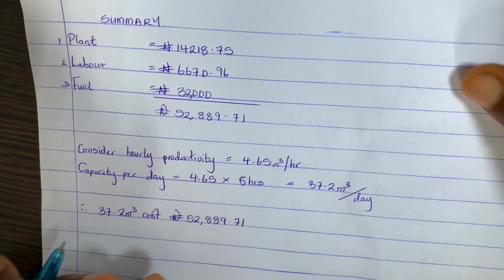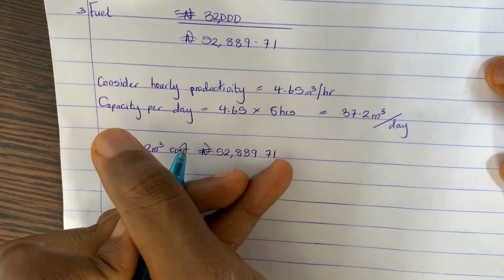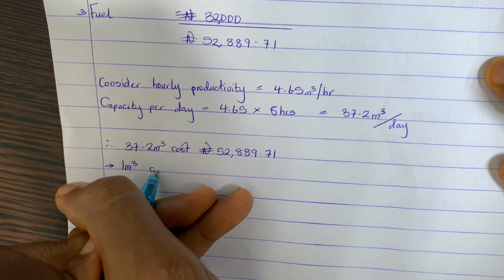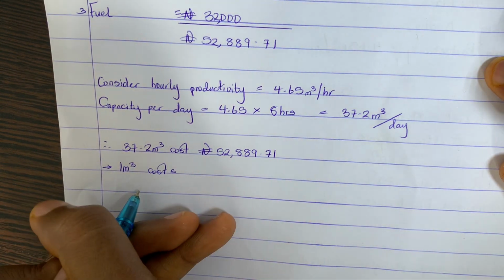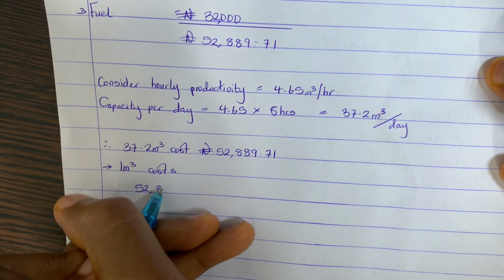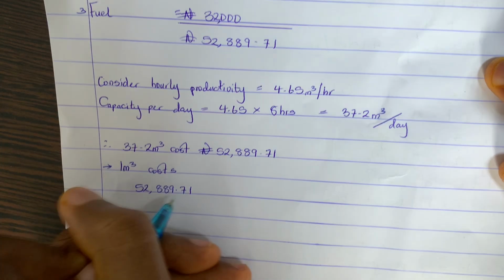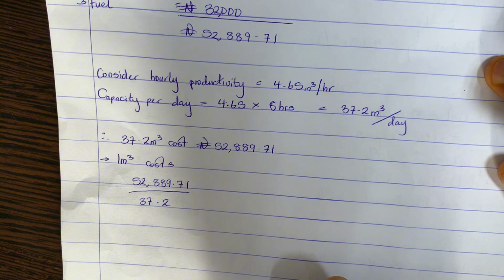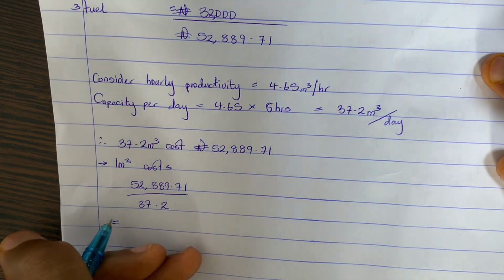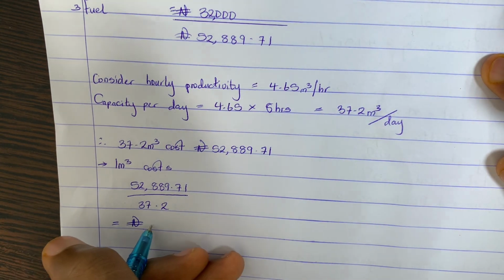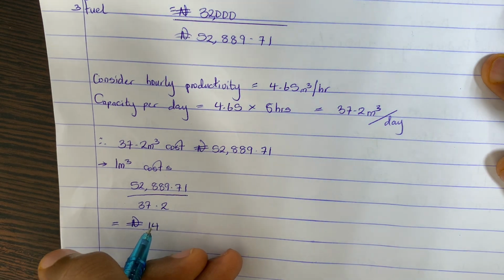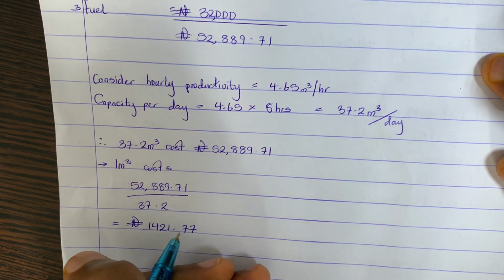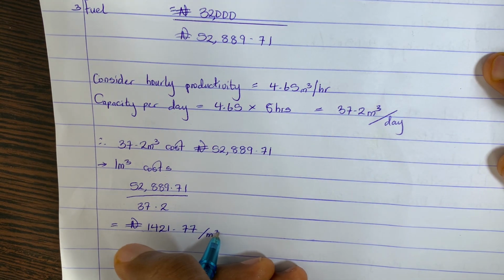So we can say, therefore, 1 meter cube costs 52,889.71 divided by 37.2, and that will give us 1,421.77 naira per meter cube.